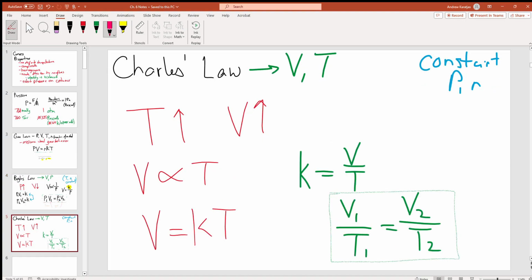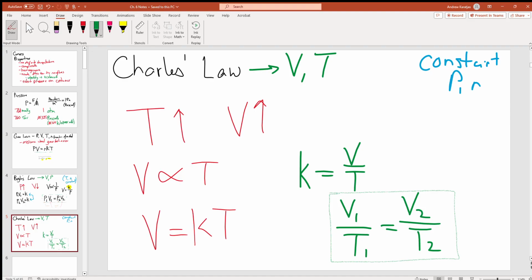When we look at Charles' law, that remains true for our volume units. V1 and V2 can be any volume that we want. It's just they have to be the same unit. If they're not the same unit, the equation doesn't work. Temperature is different though.